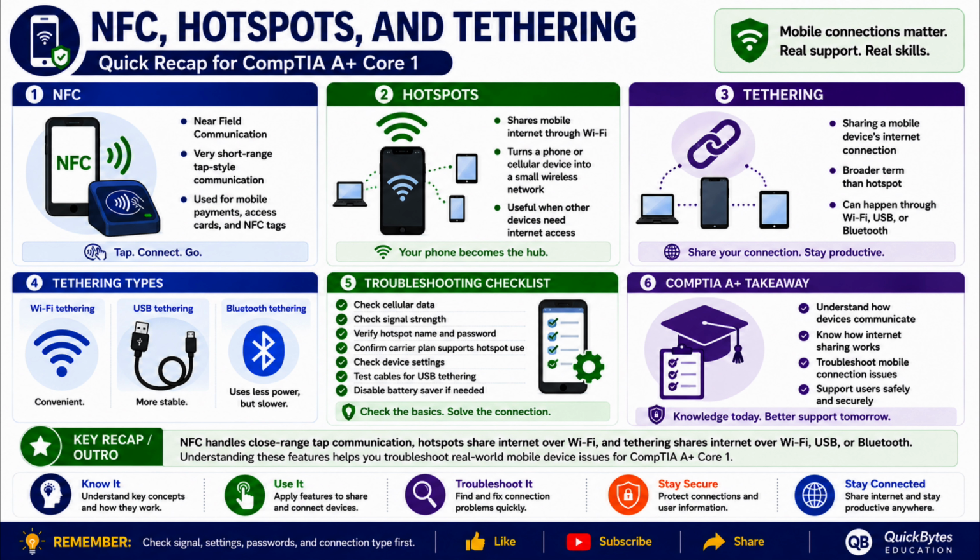Wi-Fi tethering is convenient. USB tethering can be more stable. Bluetooth tethering may use less power, but is usually slower. And when troubleshooting, always check cellular data, signal strength, passwords, carrier plan support, device settings, cables, and battery saving features. And that's NFC, hotspots, and tethering explained in simple terms.